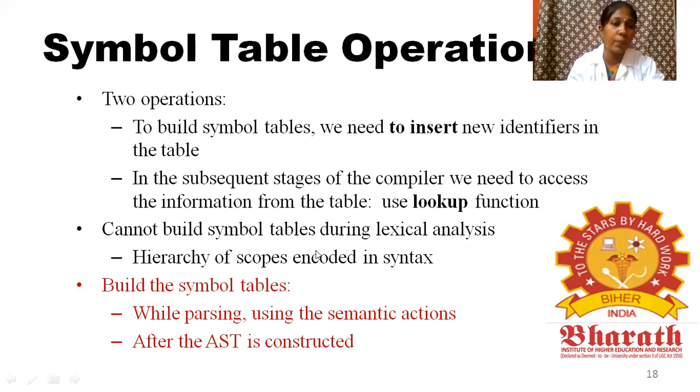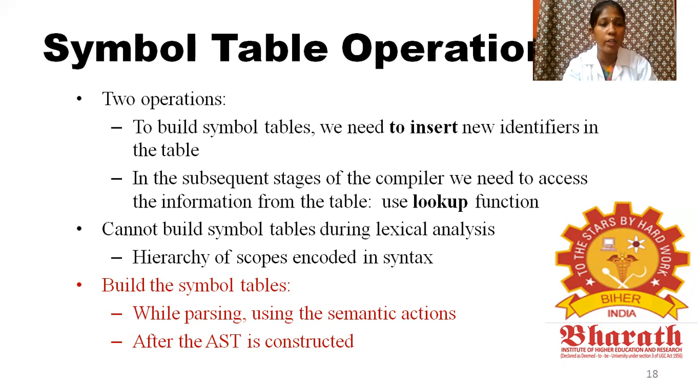Symbol table operations: there are two operations we need to have in the symbol table. To build the symbol table, we'll be using the insert operation, that is, we need to insert the identifiers of a program inside the symbol table. Then when the stages of the compiler take place, we use a lookup function to check whether identifiers or variables have been repeated, or whether they have been defined or declared, from the symbol table.